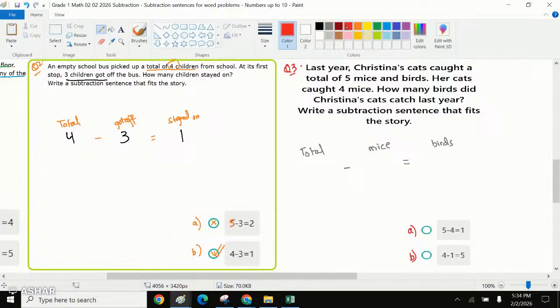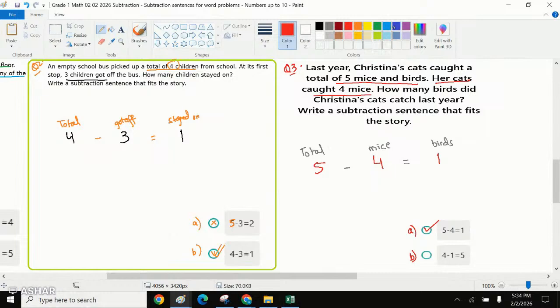We know that the total was 5. Her cat caught 4 mice. Yes, thank you, everyone. And we know that 5 minus 4 is always equal to 1. Option A is the correct answer, right?